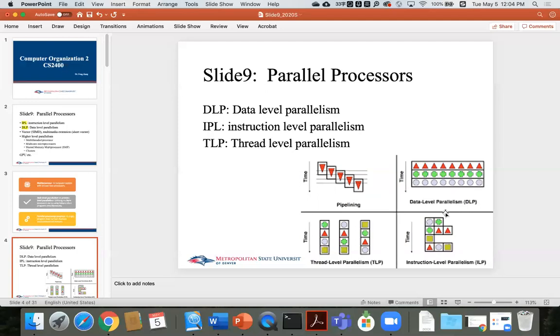Usually, some computers could have a vector architecture. We'll introduce those examples later in this slide.